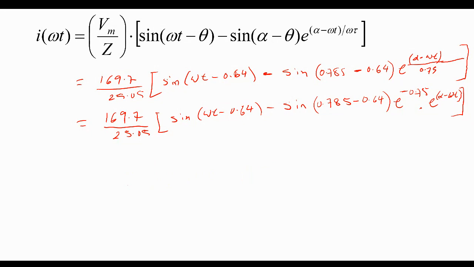So what do you get? Remember, your calculator should be in radian. You want the entire expression? Yes, sir. What do you have? 6.77 bracket sine omega t minus 0.64, minus 0.066 e to the 0.785 minus omega t. Then when you multiply that e to the minus whatever by it, what do you get?